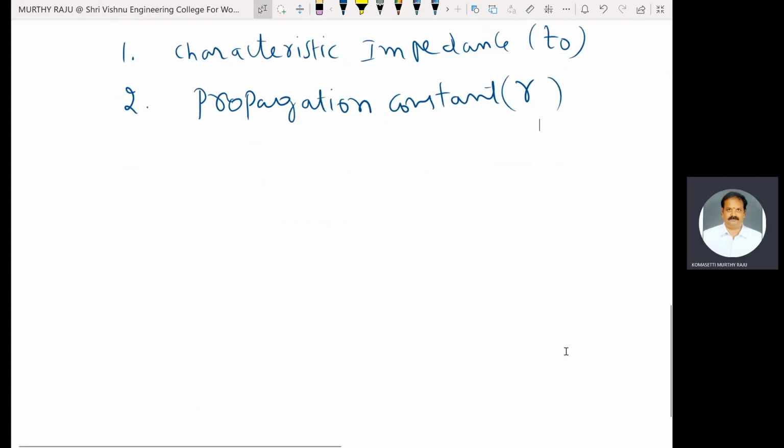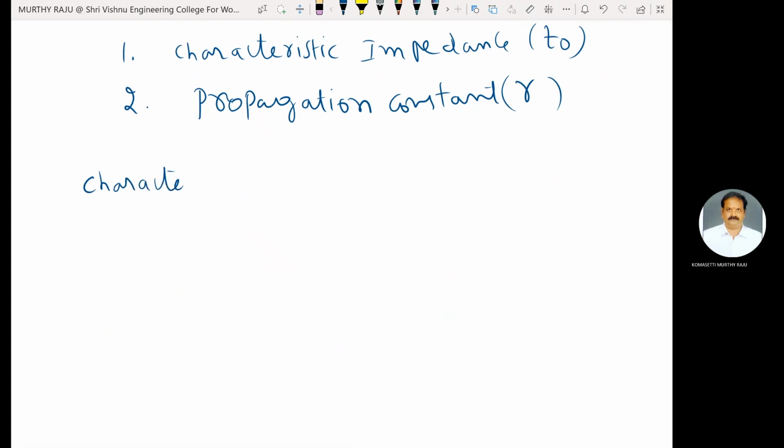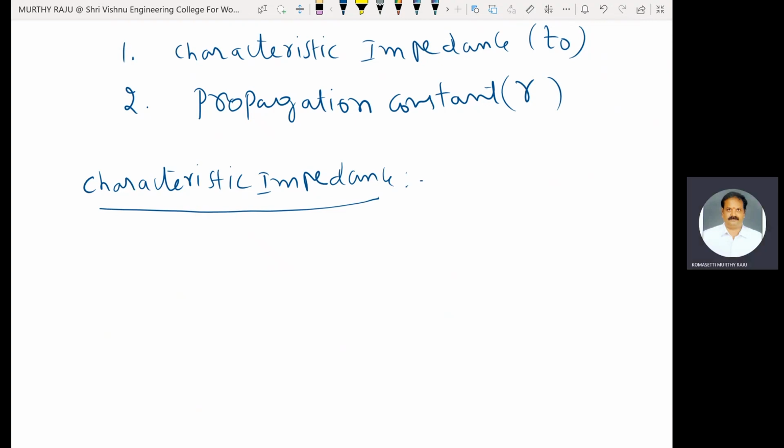Next, characteristic impedance. The characteristic impedance of the transmission line is defined as follows. Consider two equations.